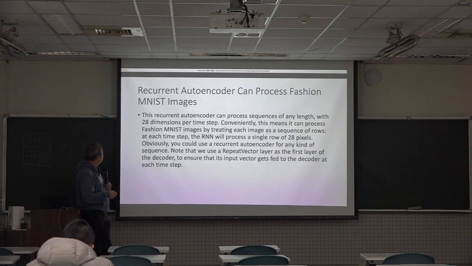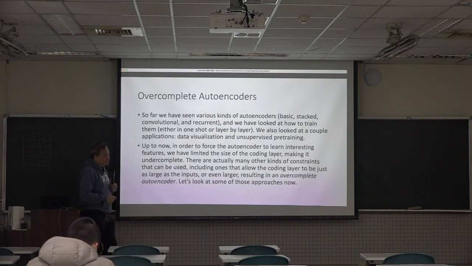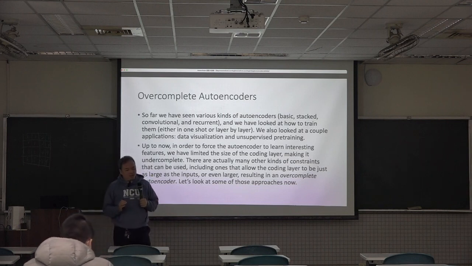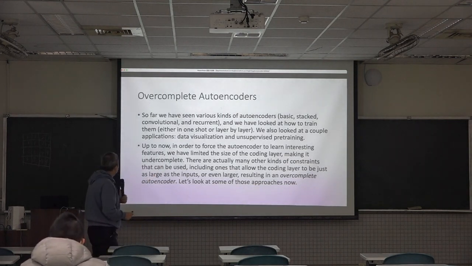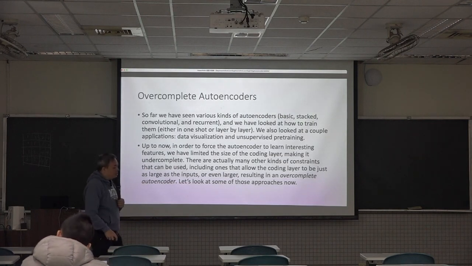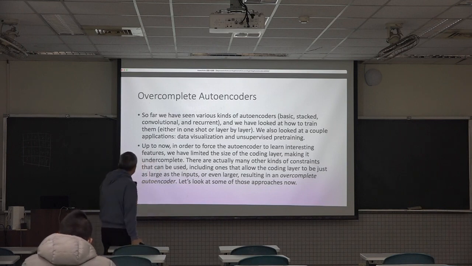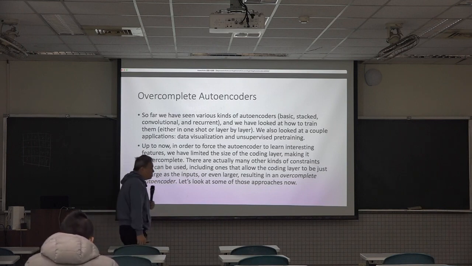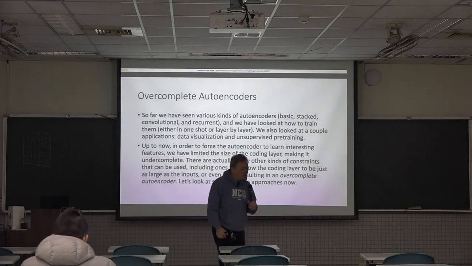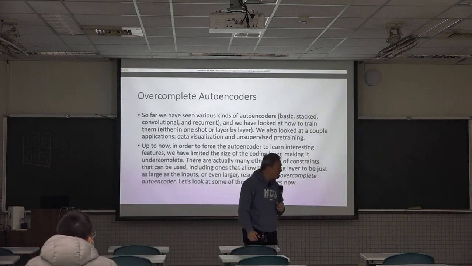So I think I already explained this one. So far, all the autoencoders that we have talked about are what we call under-complete autoencoders. There is another type of autoencoder called over-complete autoencoder. The under-complete autoencoder, as I said, is most of the time used for dimensionality reduction. Remember, we try to make it difficult for the autoencoder to reconstruct the input, right?